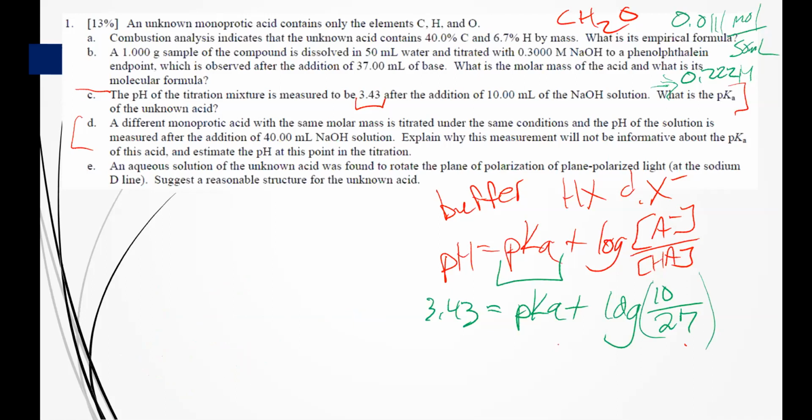So now we just need to find our pKa. So this should be 3.43 minus the log of 10 divided by 27.